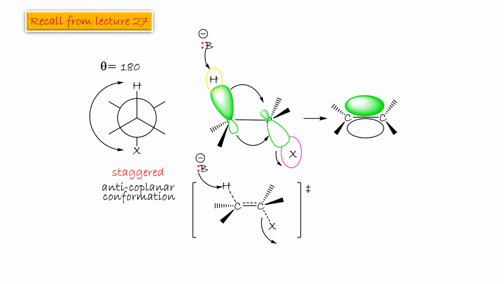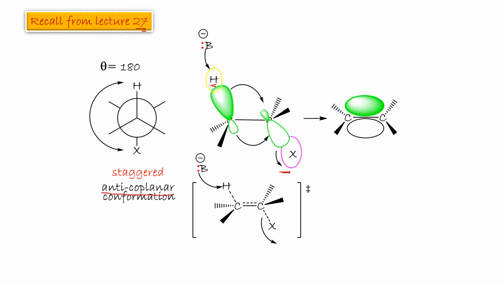Now recall from lecture 27 the stereochemistry of the SN2 mechanism. For SN2, the two groups, the one we are going to abstract and the one which leaves, have to be anti-coplanar.